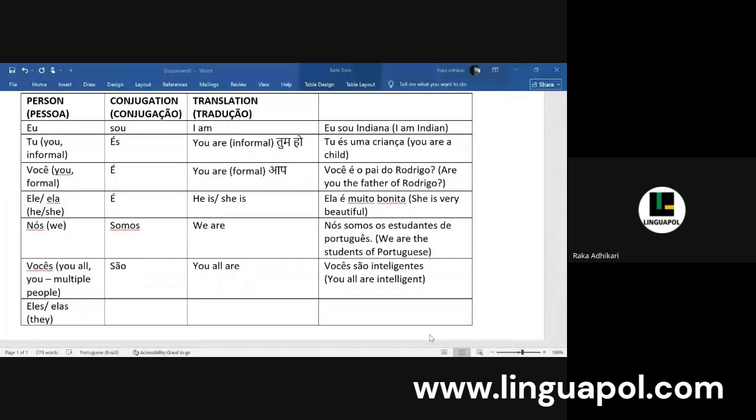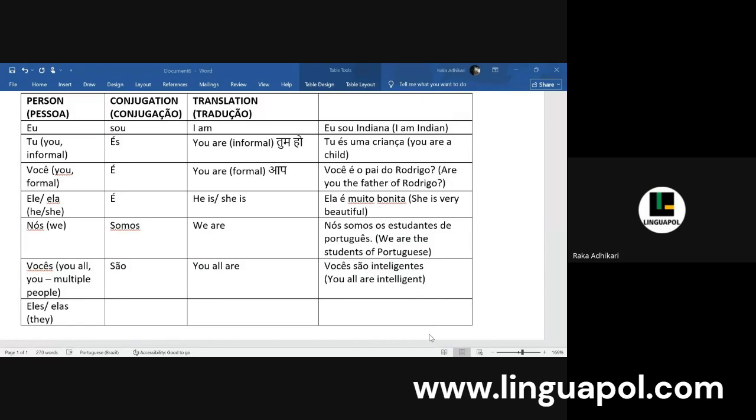And similarly, if we have a group of women, quick response please, which one will you use? Elas. Right. So this is very clear. If we have a group of men, then we use the masculine plural, that is eles. And if we have a group of women, then we use the feminine plural, which is elas.